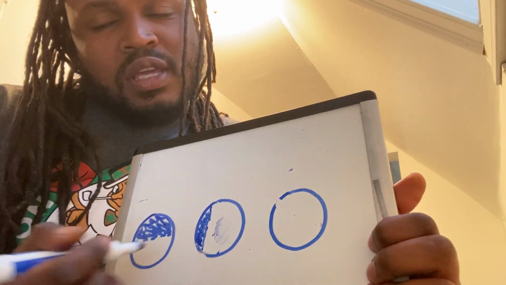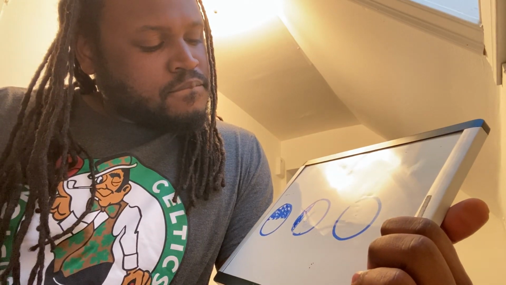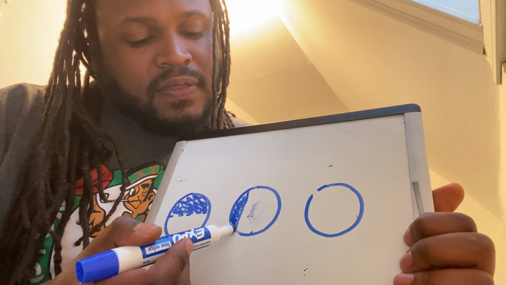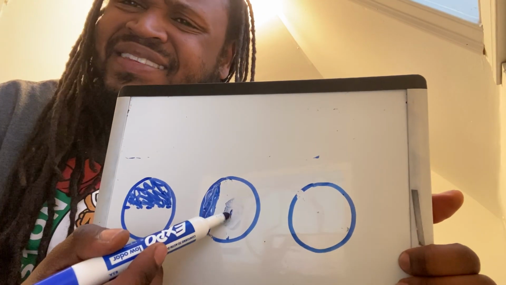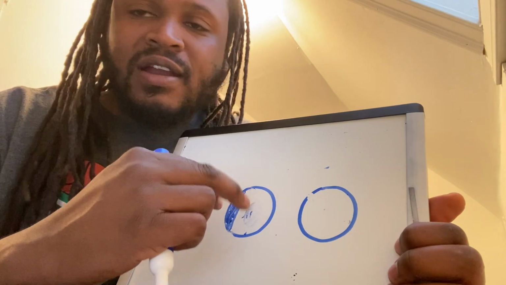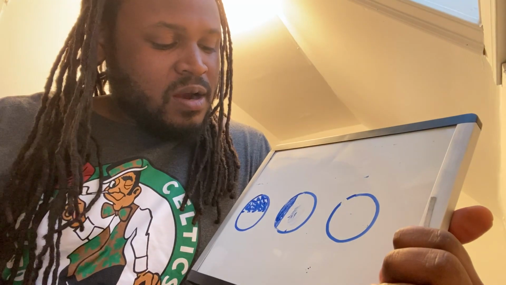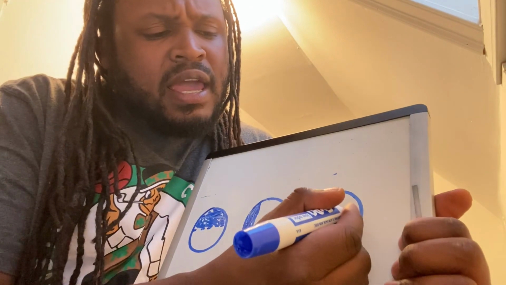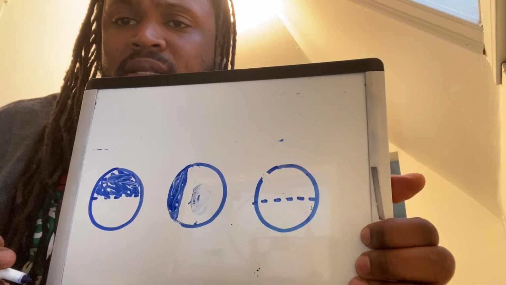Are these two equal parts? No. If you look closely, you can tell that this part of the pancake is not the same as this. It's not equal to this part of the pancake. These two are not equal parts. This is not a fraction. All right? So always remember that you want to have equal parts. And equal parts can be split different ways.